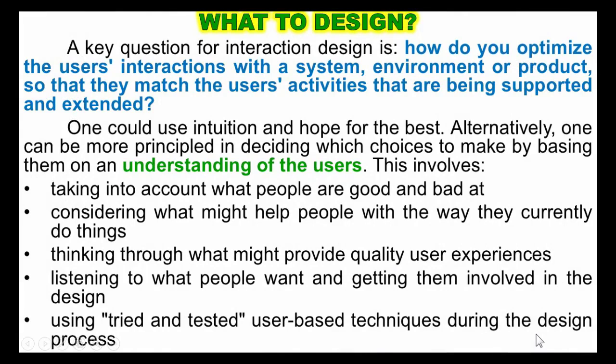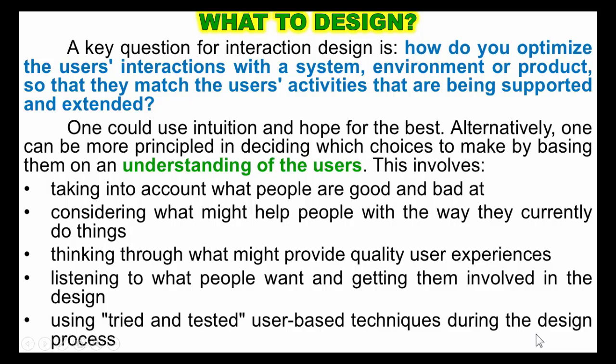A key question for interaction design is how do you optimize the user's interactions with a system, environment, or product so that they match the user's activities that are being supported and extended. One could use intuition and hope for the best. Alternatively, one can be more principled in deciding which choices to make by basing them on an understanding of the users.